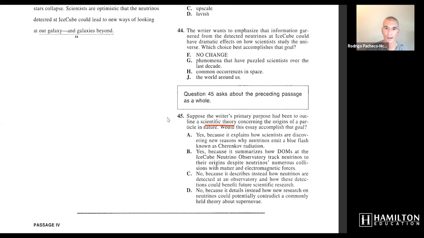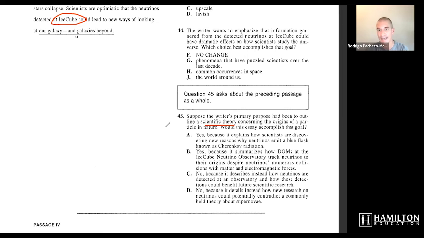So the essay doesn't really go into detail about outlining a scientific theory related to the origin of neutrinos. What it does tell us about, and we can see this up here, is about the Ice Cube Observatory. And again, looking at the title is very useful. Neutrinos on ice. Okay, so let's take a look at our answer choices.